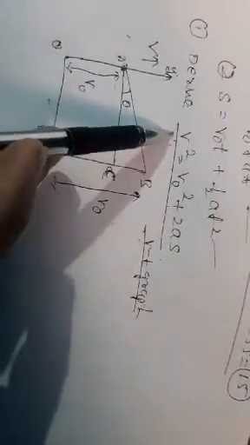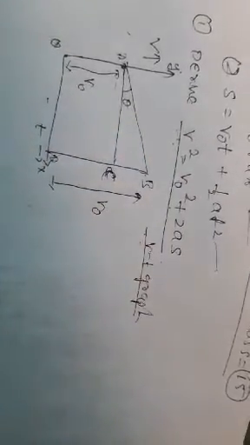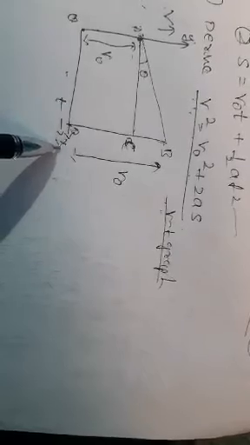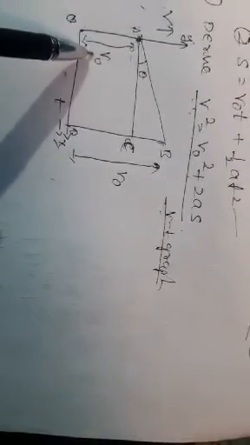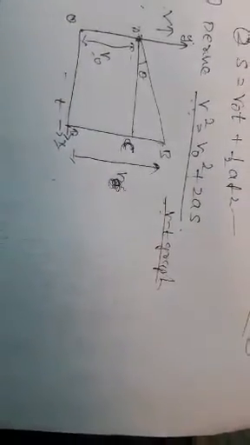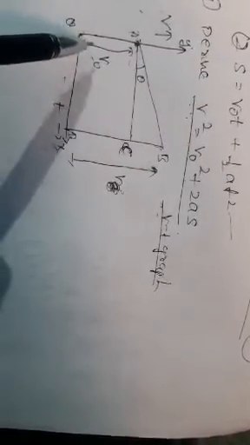Prove that V square is equal to V naught square plus 2as. How to prove? First, plot a velocity versus time graph. V naught is the initial velocity and V is the final velocity. Consider a body moving with initial velocity V naught.